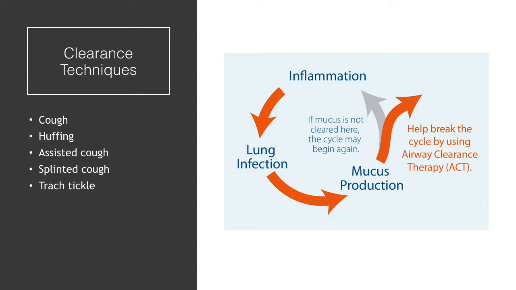And then the trach tickle, which is largely used in individuals with either a spinal cord injury or individuals who are intubated to manually stimulate the cough reflex by gently tickling their trachea.